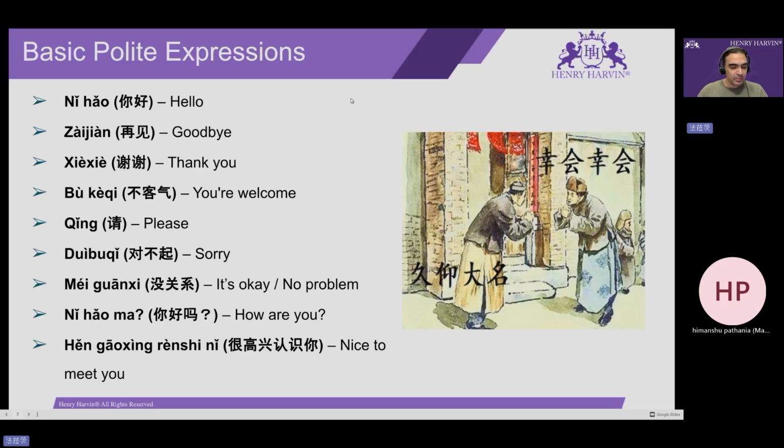So the first unit of the word that exists in this particular expression is 很, which means very, and 高兴. 高兴 means to be happy or to be glad about something. And then we have the expression 认识. 认识 means to know somebody, to meet somebody.